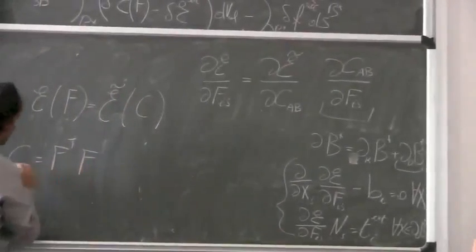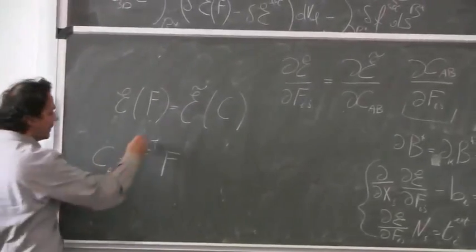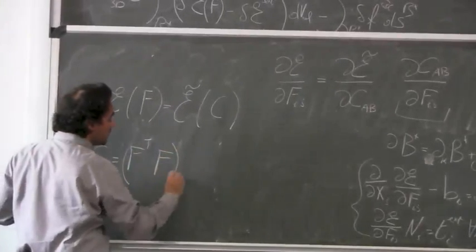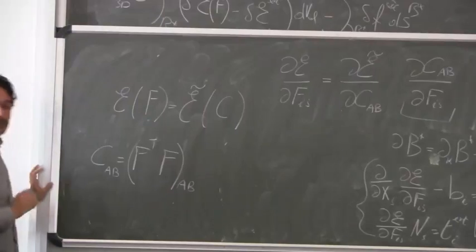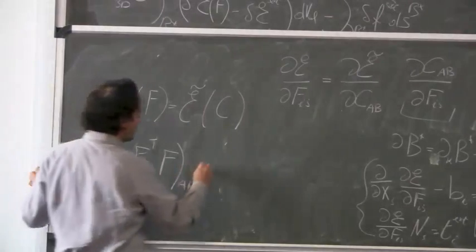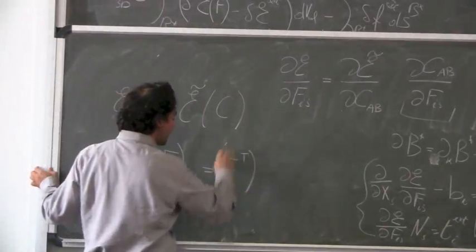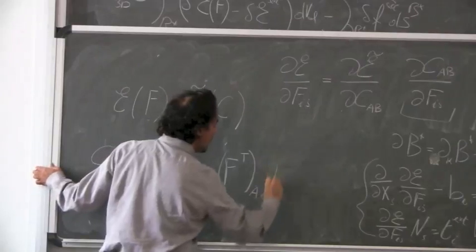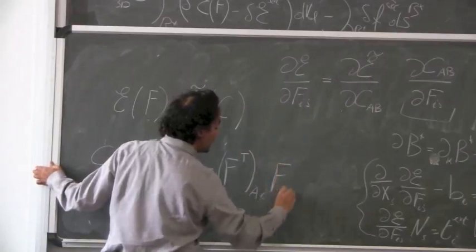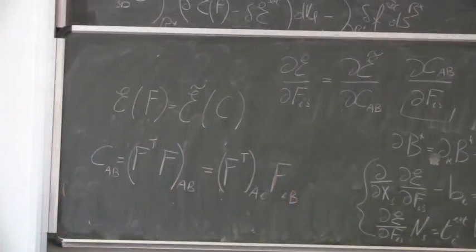But what is C AB? It is the matrix component AB. This means it is the matrix F transpose AI multiplied by F IB, because we have the row by column product.